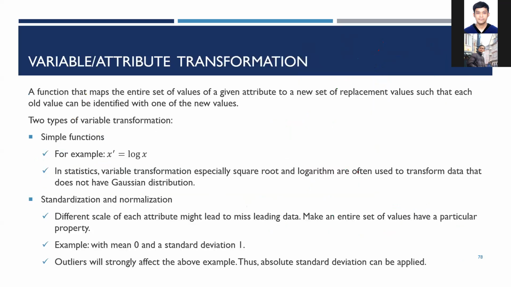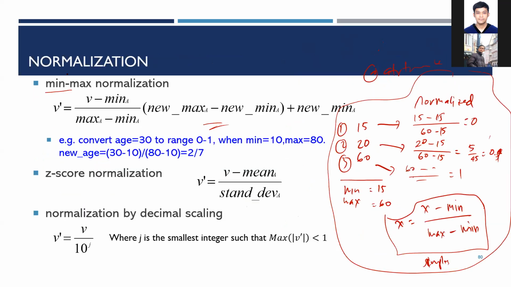Okay. So there are many examples or formulas that have been proposed for data normalization. We have min-max normalization, z-score normalization, and we also have standardization.